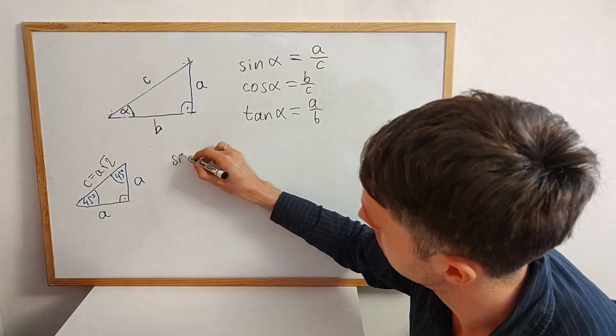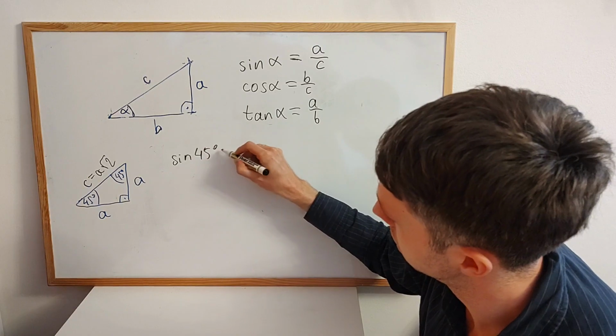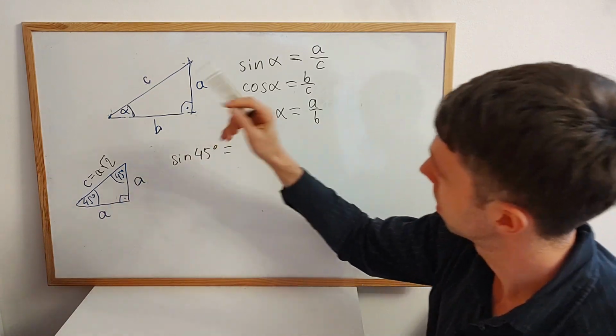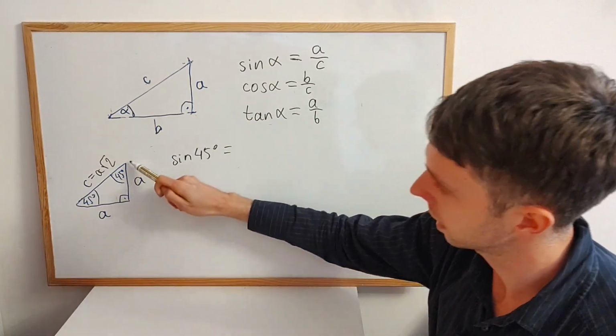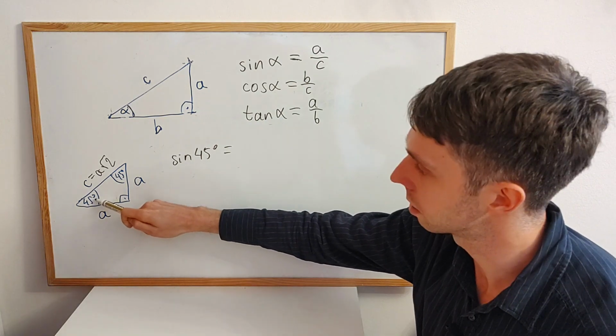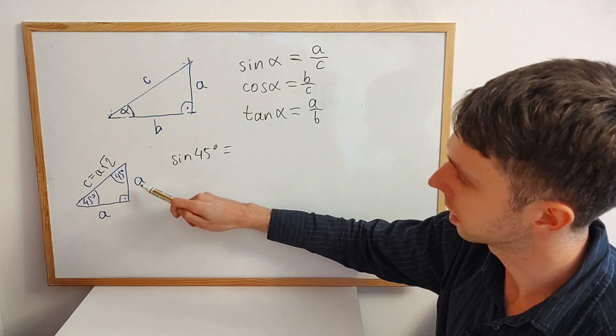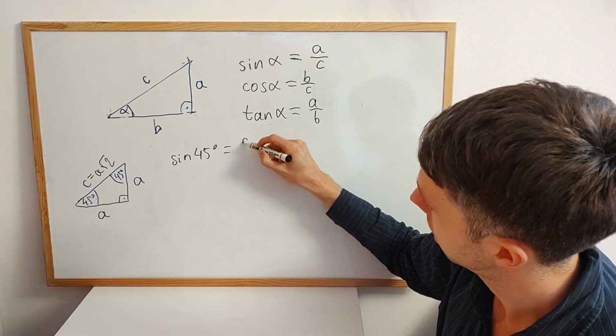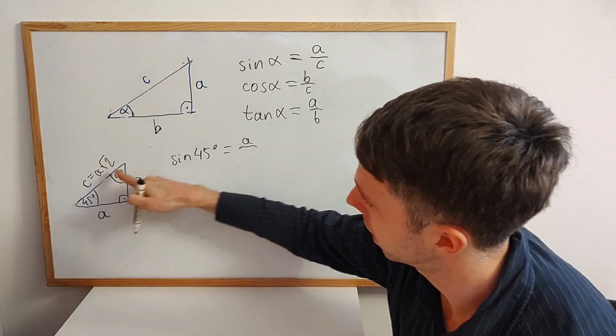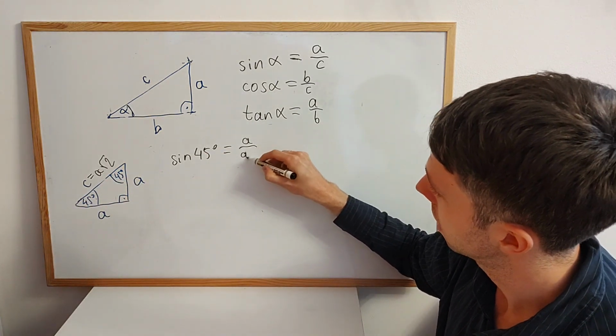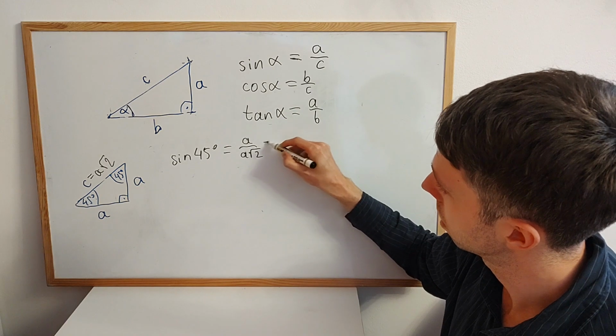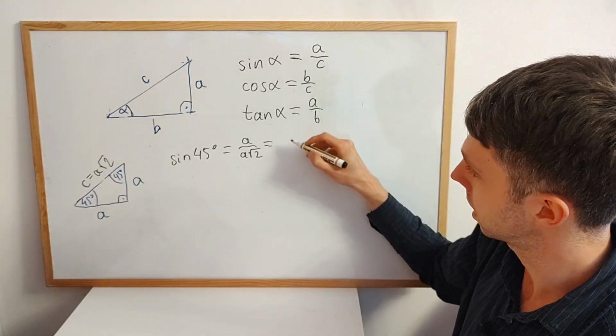So let's start with sine. Sine of 45 degrees. As I said, you take the leg that is opposite to the 45 degrees angle, so it's a, and you divide by the hypotenuse, which is a square root of 2. So a cancels out.